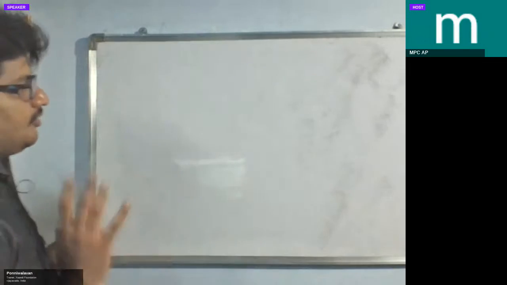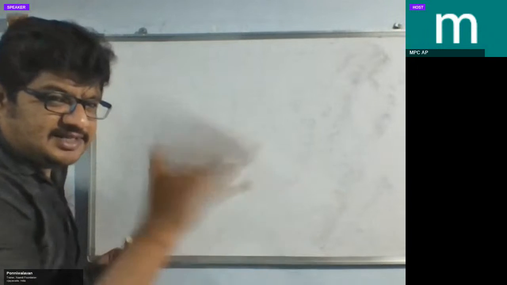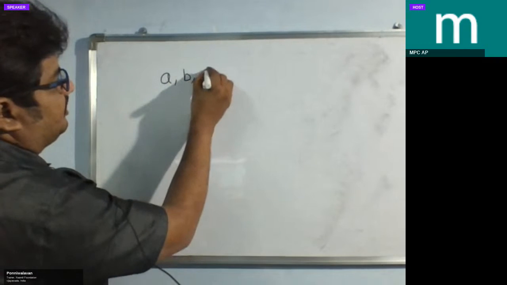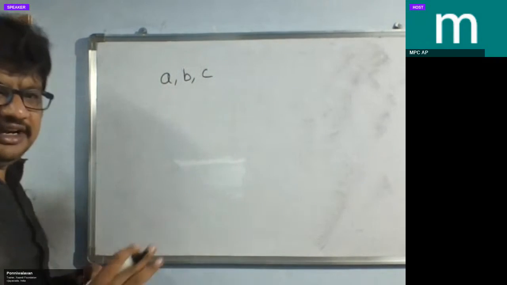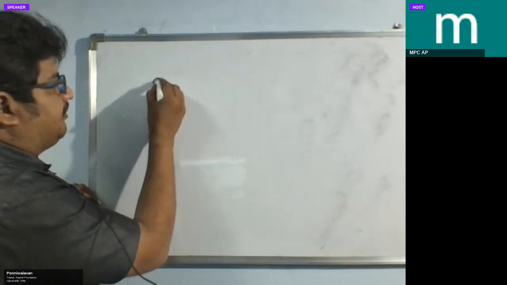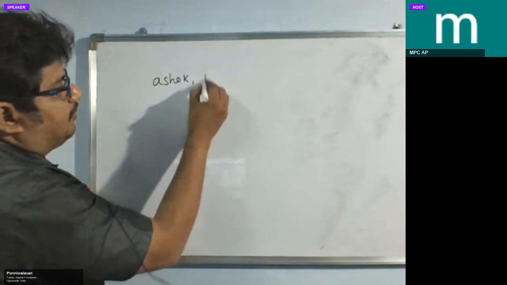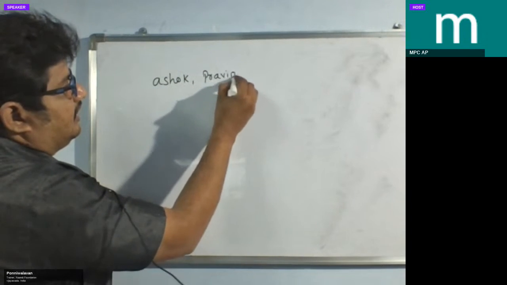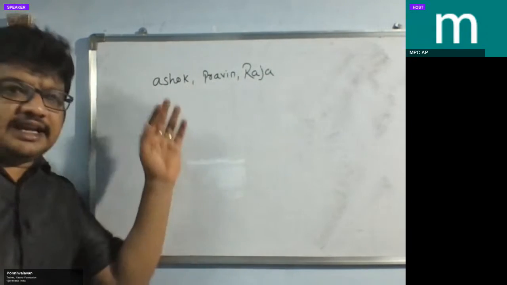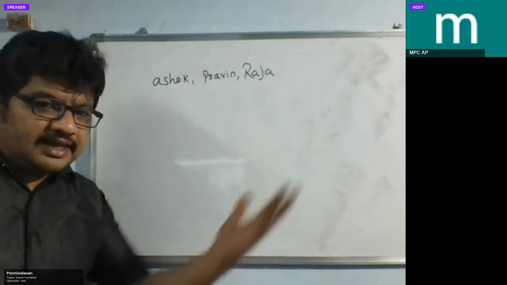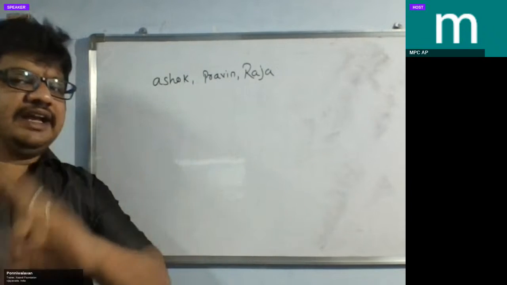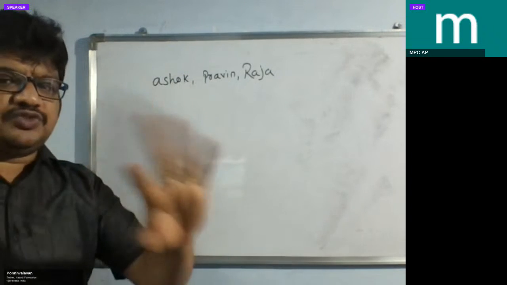Okay, listen. For example, arrangements and selection. You will be having 3 letters A, B, C. Or we can take names: Ashok, Praveen, Raja. There are 3 members. I want to select 2 students for an industrial visit.